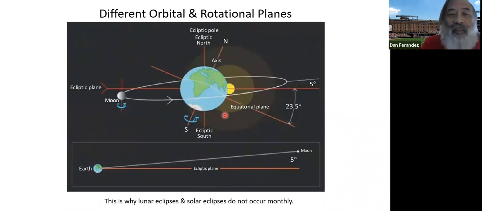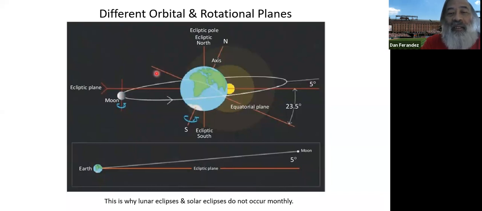They do not, and just really quick, what I'm trying to show you here is that the reason eclipses are fairly rare is because of the ecliptic plane, the plane defined by the Earth's orbit around the sun, and the moon's orbital plane, the plane defined by the moon going around the Earth. They're off by about 5 degrees.